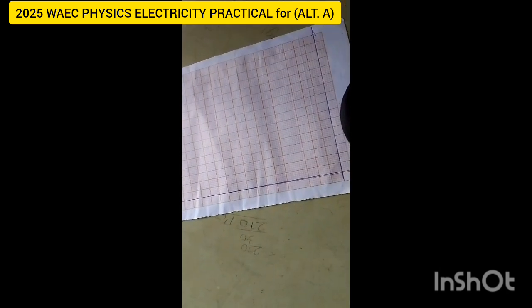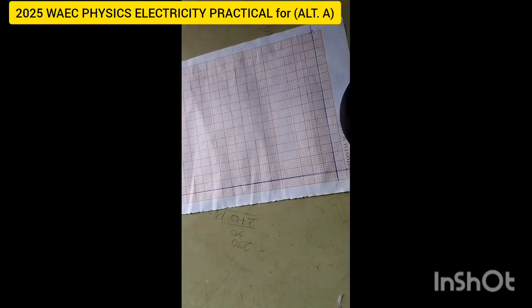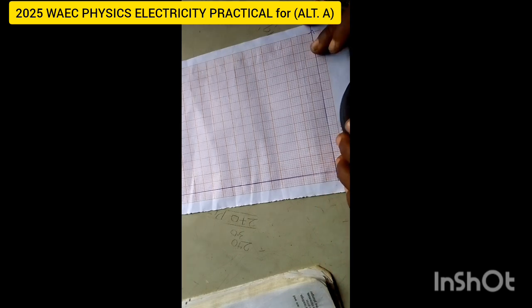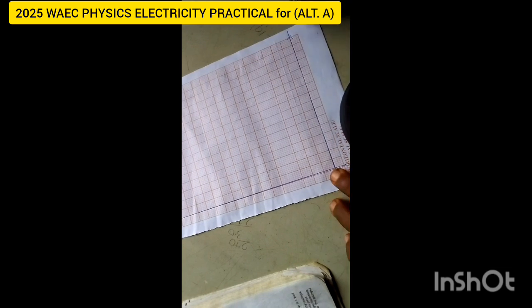The first thing is to put your axis. Now remember, the question says plot a graph of V inverse on the vertical axis against I inverse on the horizontal axis. So the first thing you do is place your horizontal axis. Since here is I raised to power minus 1, or I inverse, we put it here.